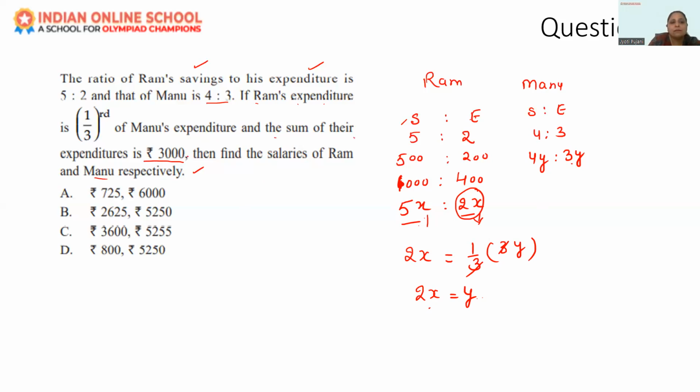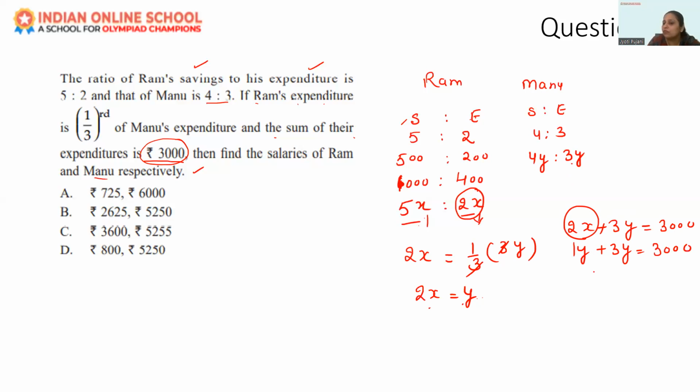Now, the sum of their expenditures is 3,000. The expenditure of Ram is 2x and of Manu is 3y. When I add them, I get 3,000. Instead of 2x, can I put y? Yes. So y plus 3y is equal to 3000.